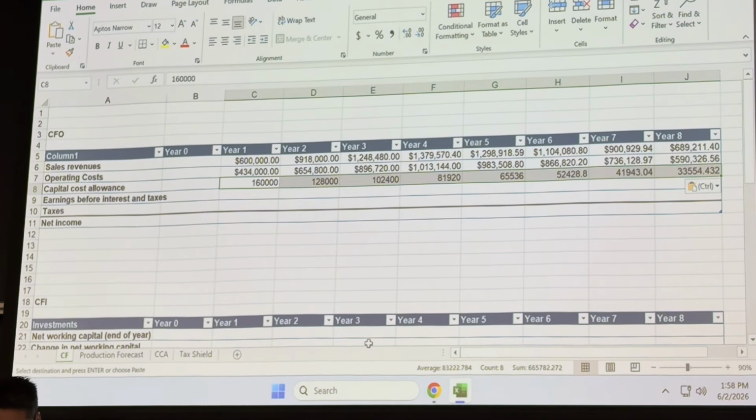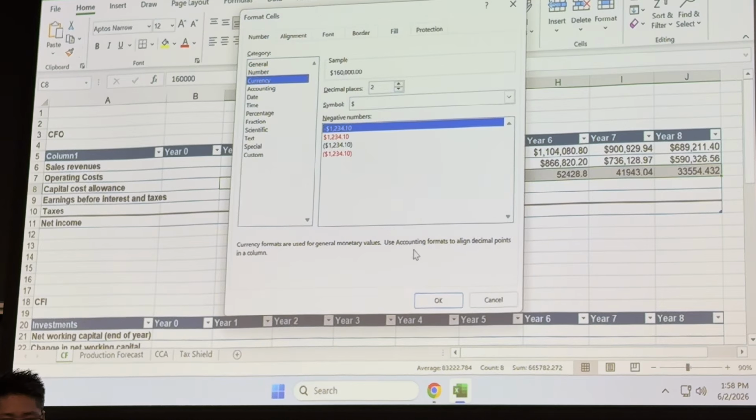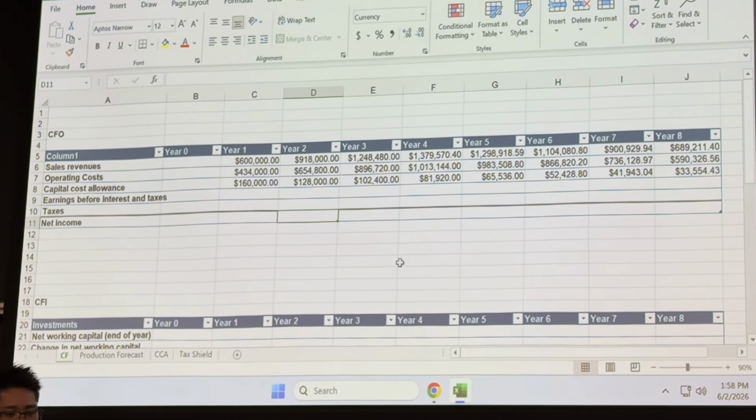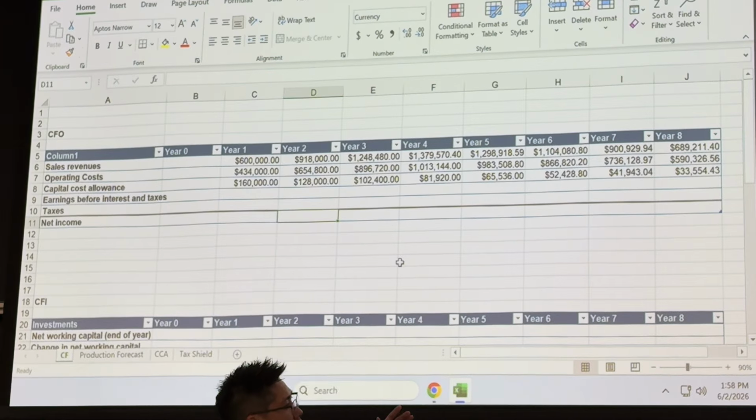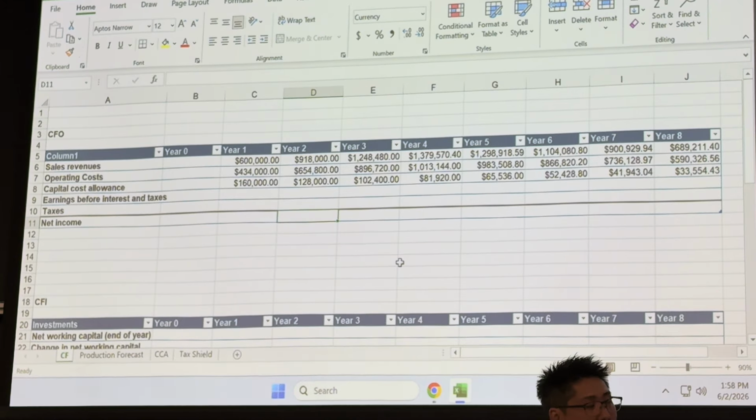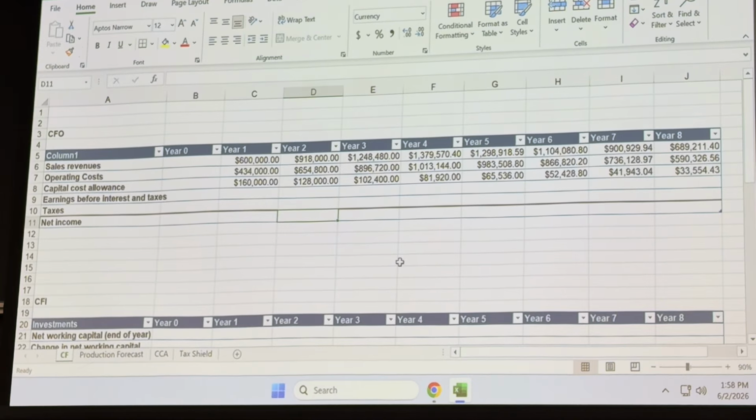I'm going to change up the currency. There you go. So it's the same number. Year one, 160,000, which is 20% of the 800,000 machine. Year two, year three, year four, these are all the 20% straight line depreciation. Okay? Any question with that?